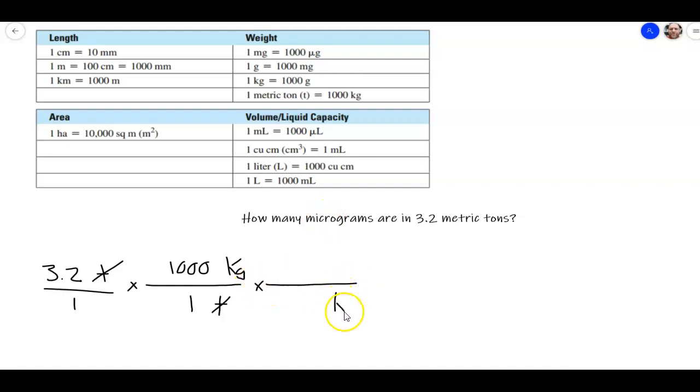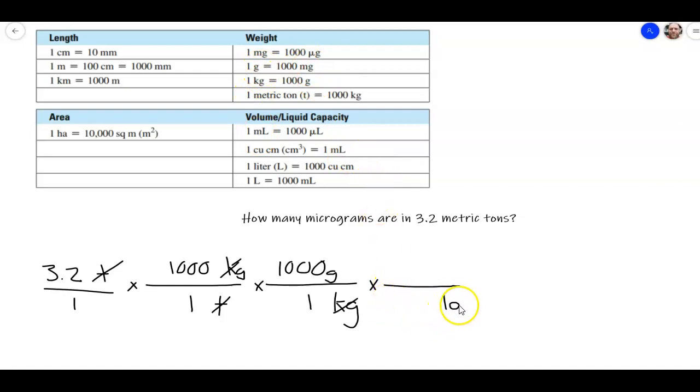So I need something that has kilograms, and I'm trying to get down. So here 1 kilogram is equal to 1,000 grams. I'm getting closer. Those will cancel out, but I'm still in grams, and I still need to get down to micrograms. So we got to do another one here. So I know 1 gram is equal to 1,000 milligrams.